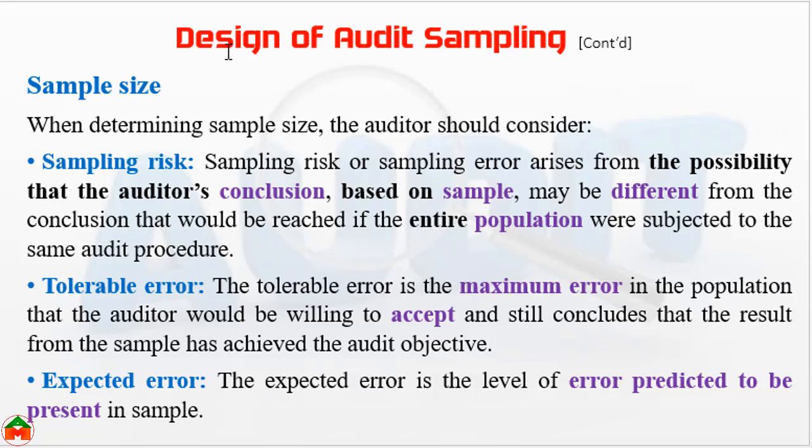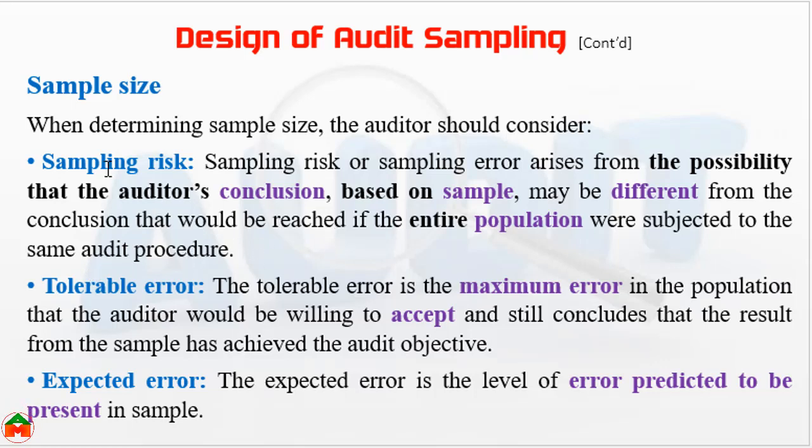And for designing the audit sampling, the auditor should consider the sample size, and while determining the sample size, the auditor needs to consider sampling risk, tolerable error, and expected error. Sampling risk or sampling error arises from the possibility that the auditor's conclusion based on the sample may be different from the conclusion that would be reached if the entire population were subjected to the same audit procedure.